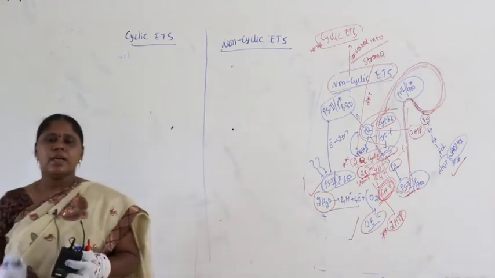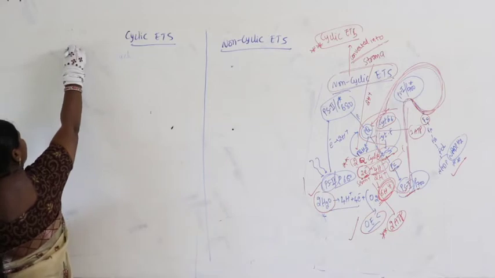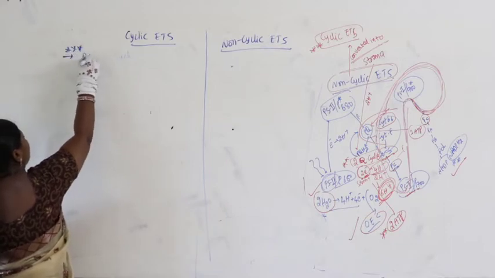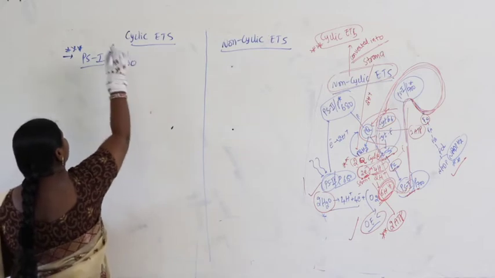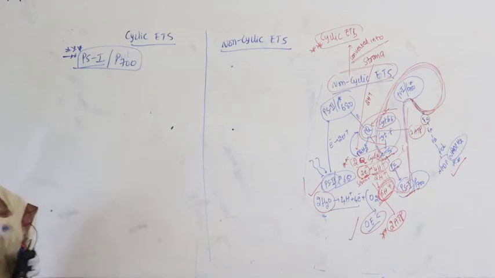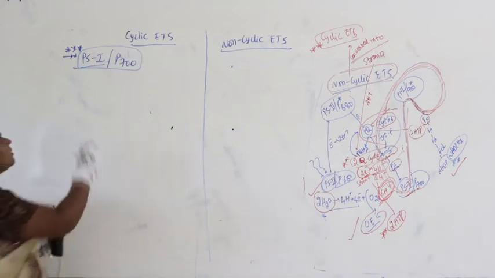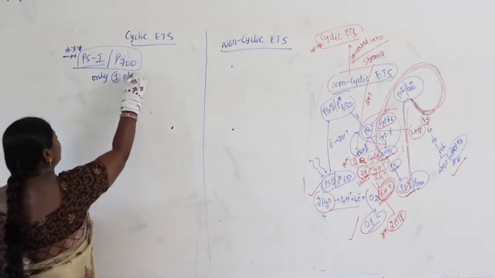So guys, cyclic starts with what here? The cyclic starts with photosystem 1. So it includes only P700. It operates with only one photosystem. So here only one photosystem participates.